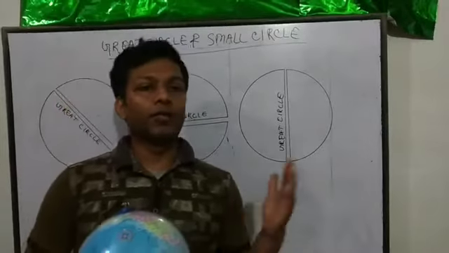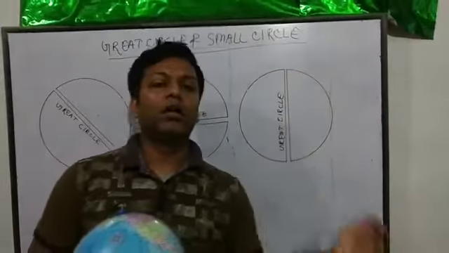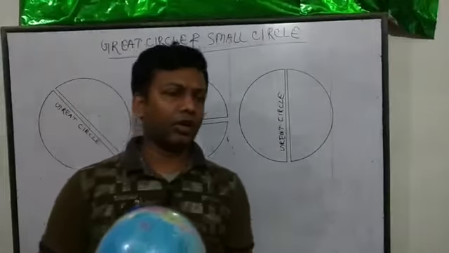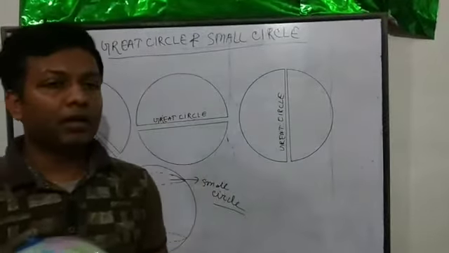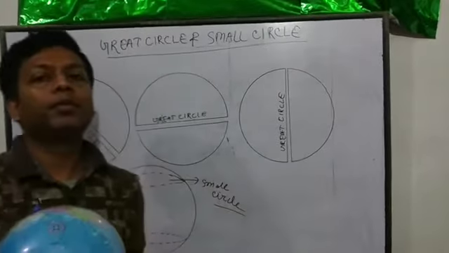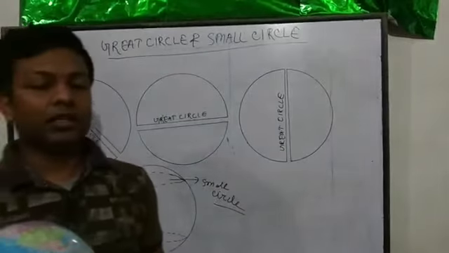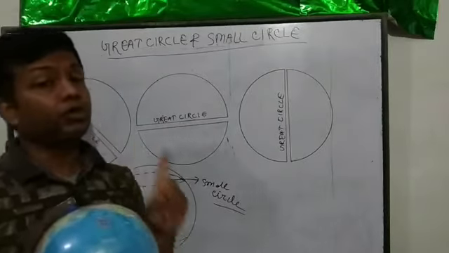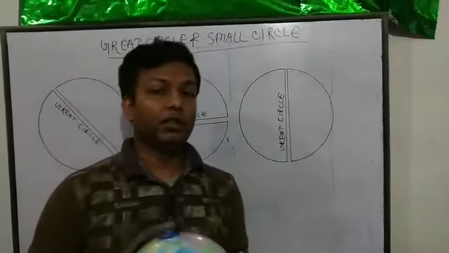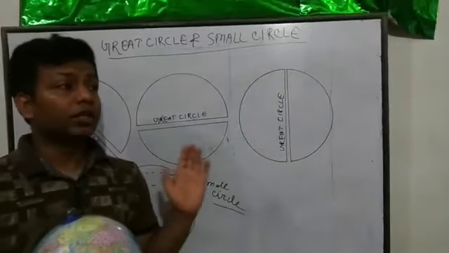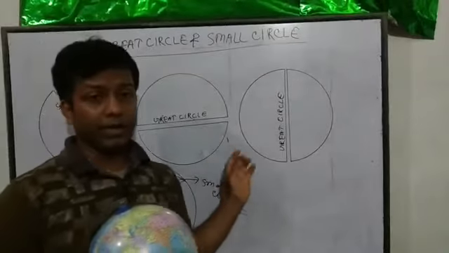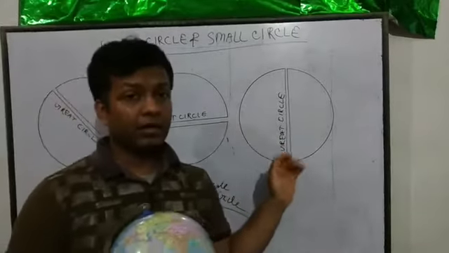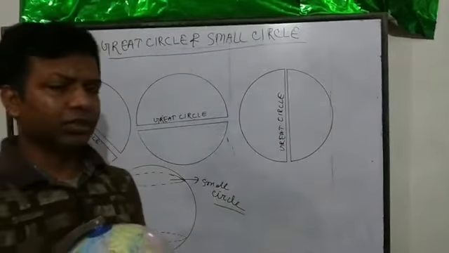Somewhere it is a river, somewhere it is hills, plateau, and like that structure. So it is not possible. So on land we have to go in a smaller circle or any other paths. But the use of the great circle is that it is used in circumnavigation, navigation, and air traveling. Okay. This is it.